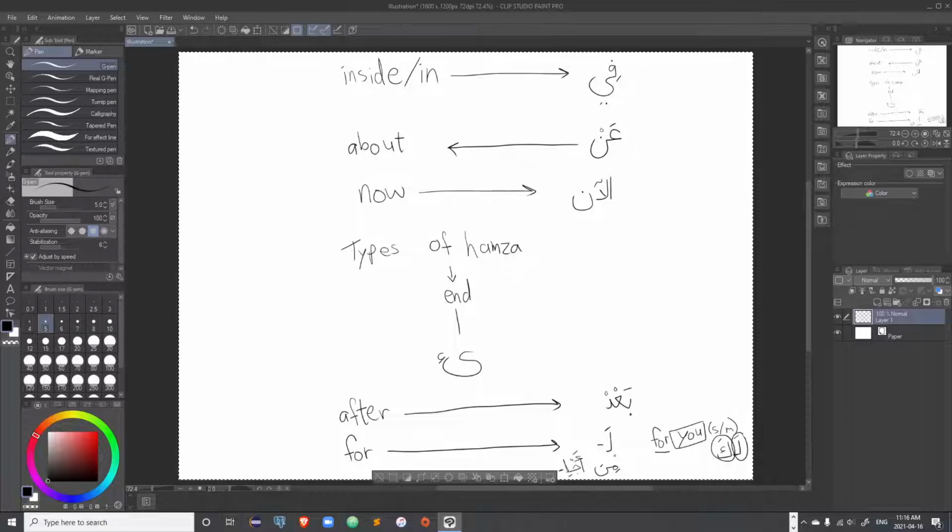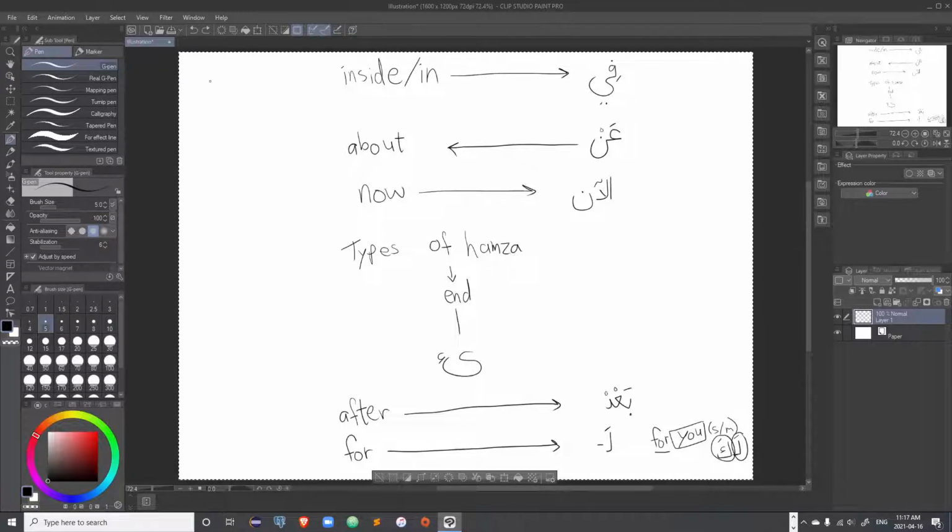You can use that as for as well, but you must use it in this form. You cannot say min and say the suffix min ka. That means from you. But if you want to say for you with min, you can say min ajlika, min ajliki, min ajlikuma, and so on and so forth. It is quite important for you to be familiar with the suffixes with regards to the pronouns. So that is for, actually I will leave it here.